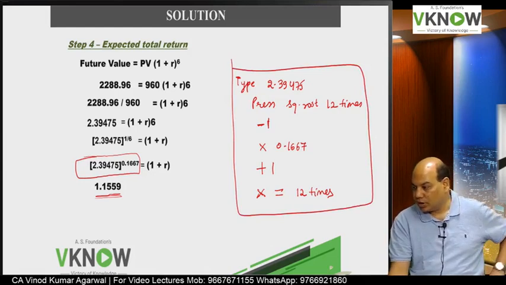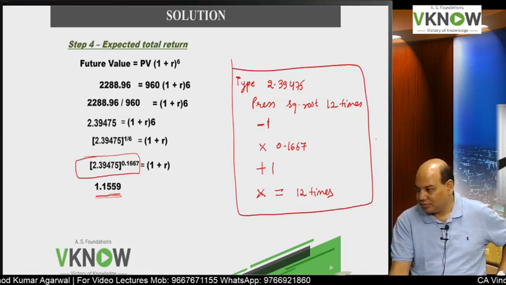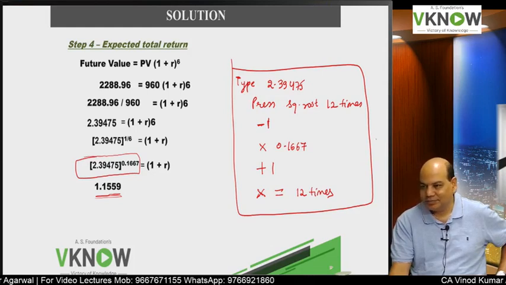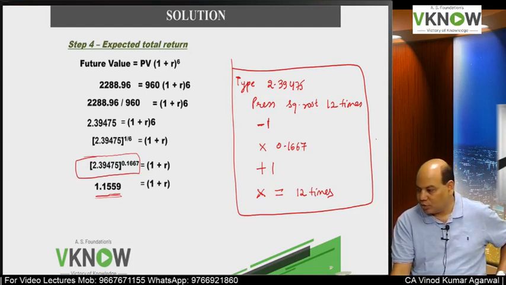This is a shortcut technique on the calculator. Is it right? So it is equal to 1 plus r. Devika has confirmed, Roshni has confirmed.